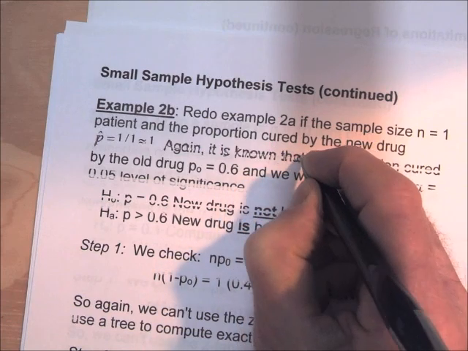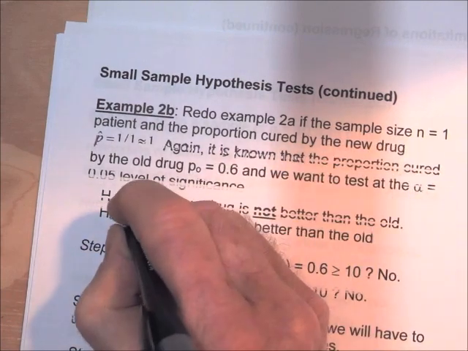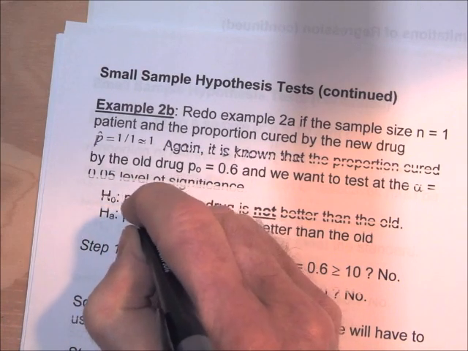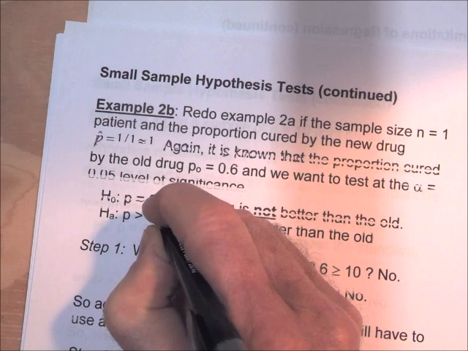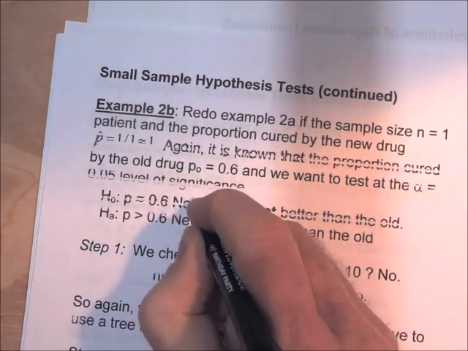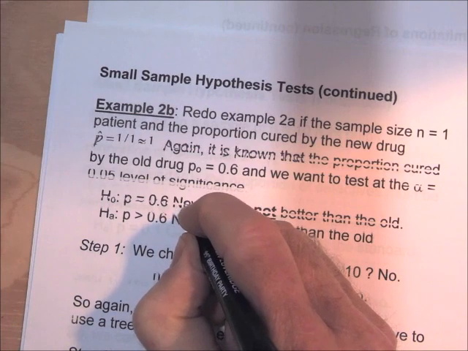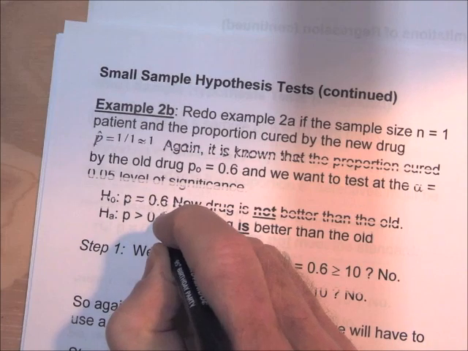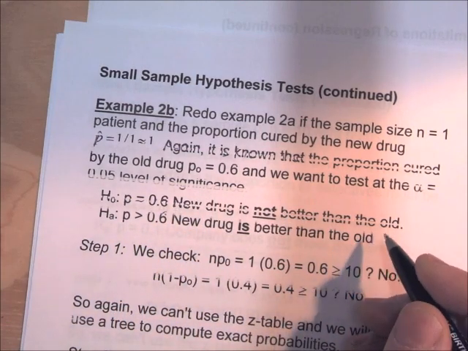Okay. For hypotheses, H0: p equals 0.6, the new drug is not better than the old, versus HA: p greater than 0.6, the new drug is better than the old.